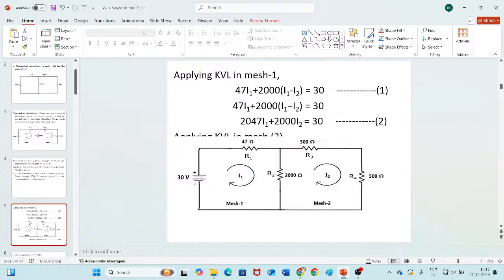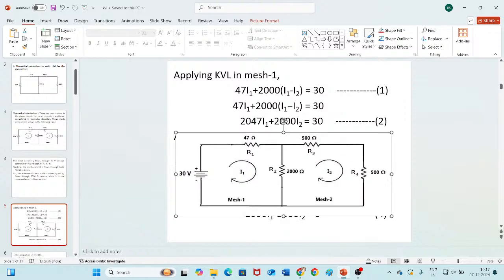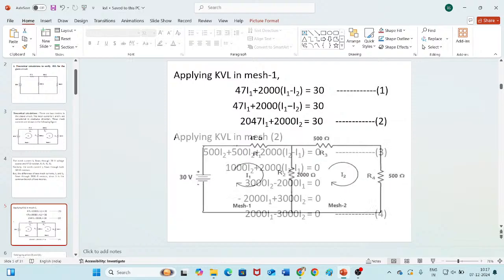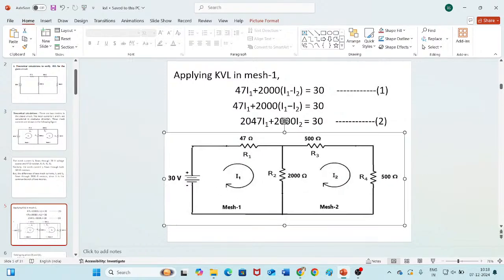So this is my circuit, isn't it? Let us apply KVL to this in mesh 1. What do you get? You just see here.